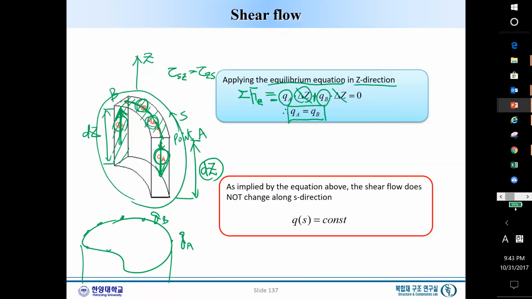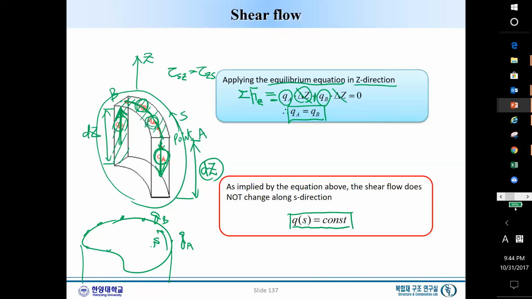So Q is constant, which is a conclusion of the z-directional equilibrium. And Q again is a function of S. S is this direction, and Q is constant.